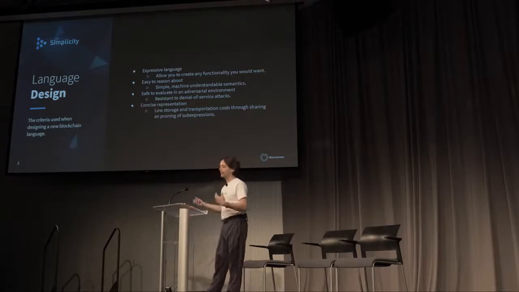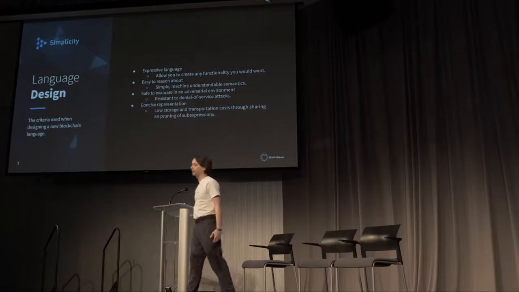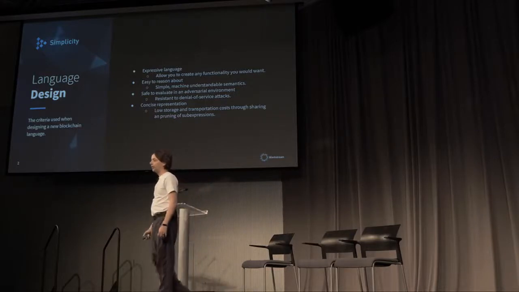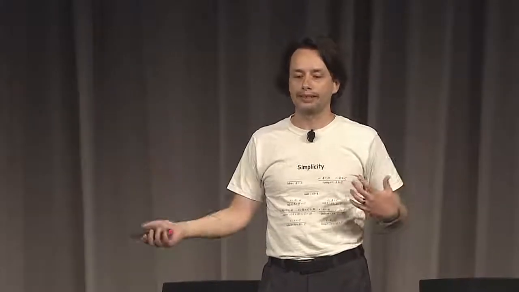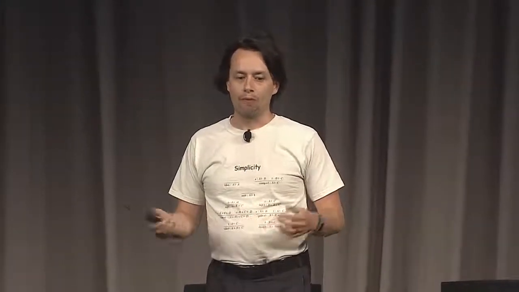Maybe you want to get into elliptic curve primitive operations so you can do more fancy cryptographic protocols. And we'd also want something that's easy to reason about, something with simple and machine understandable semantics, so that we don't have semantics like in the original op left shift, where the semantics are, in some cases, your machine crashes.